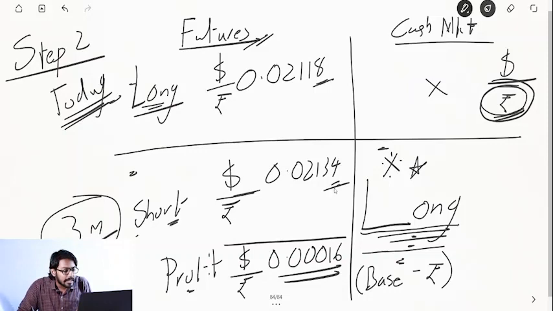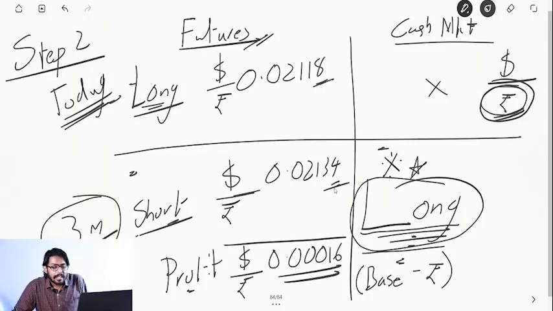You are buying today and selling after 3 months, and your strategy was right because here you took the right decision. Had you not noticed the base currency and your strategy had gone wrong, the same figure instead of profit you would write as loss. Understood? So here you have a profit of $0.00016 per rupee. Got it? Now things will work out like a waterfall.